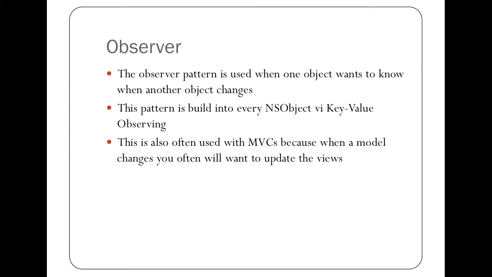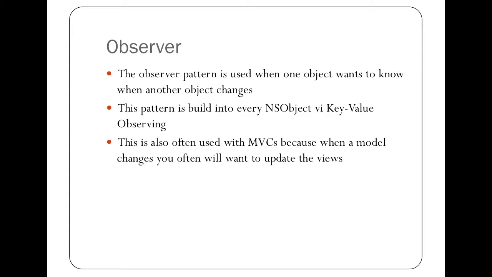Observer design pattern. Observer design pattern is basically when one object wants to know when the other object changes. So this goes under key value observing. Basically, you have one object, and the second object will react only when the first object does some action.